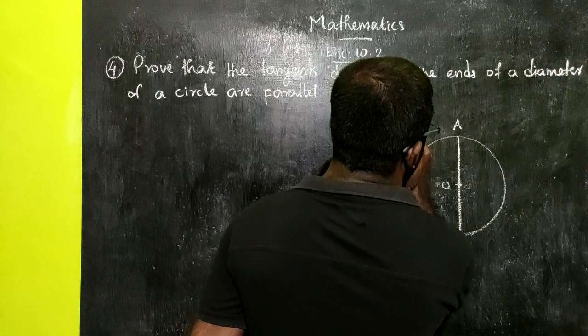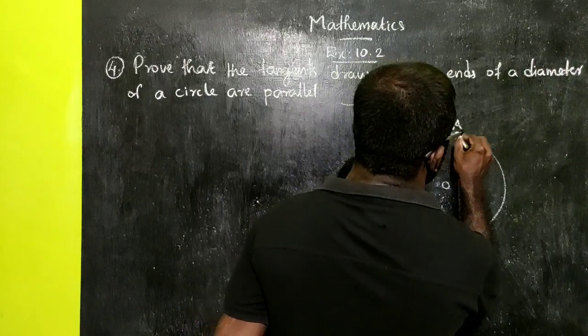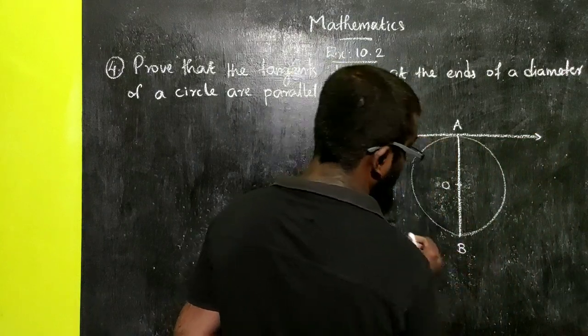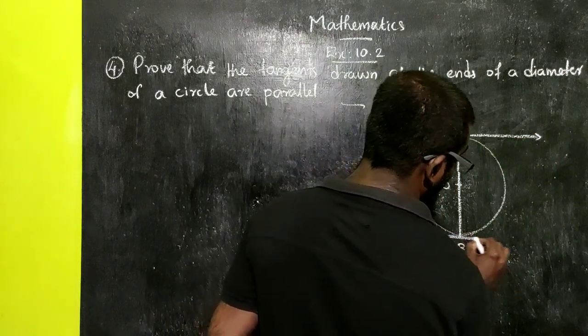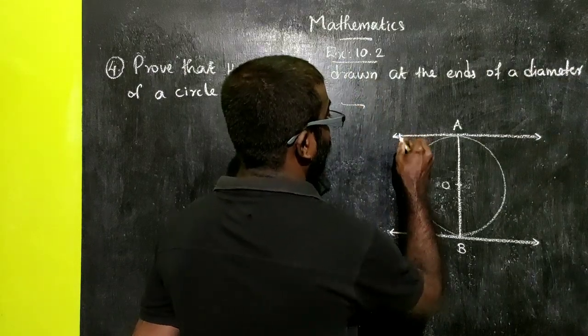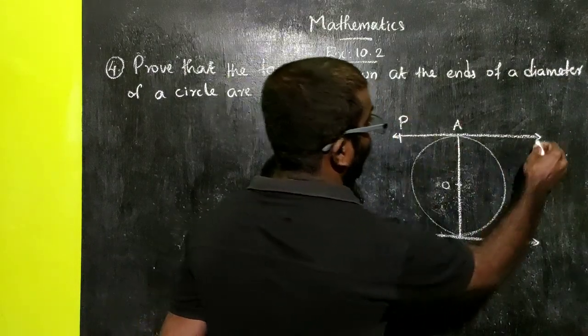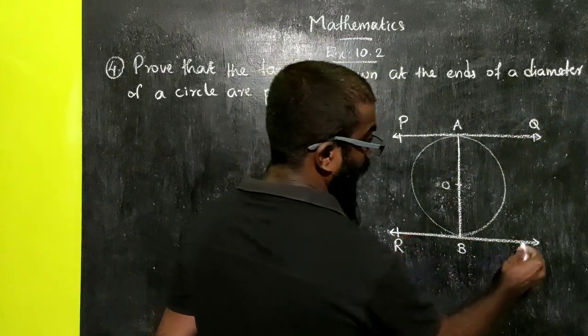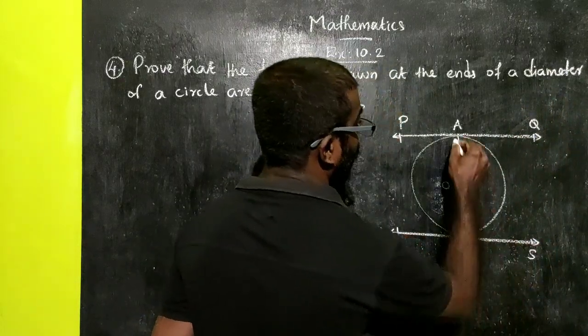Here we can draw tangents at the point A and B. Here we can mark P, Q, and here R, S.